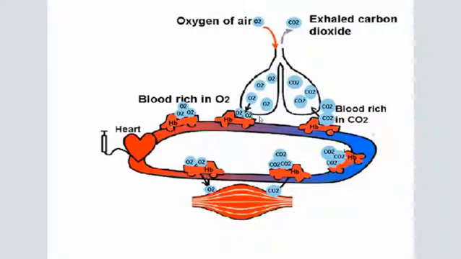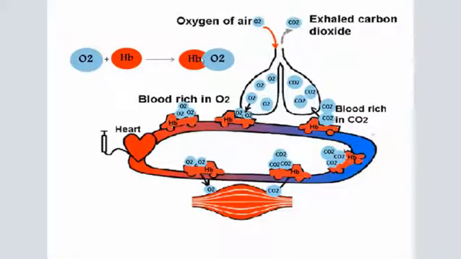In the lungs, which are rich in oxygen, this latter diffuses to the blood, where it combines with hemoglobin to form oxyhemoglobin. When oxyhemoglobin reaches the organs which are poor in oxygen, it decomposes and goes back into hemoglobin and oxygen.